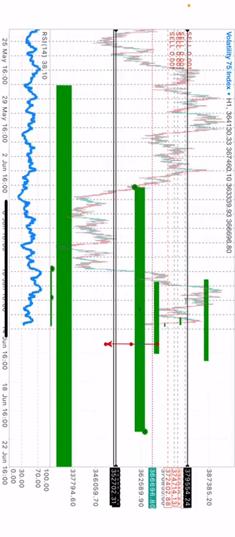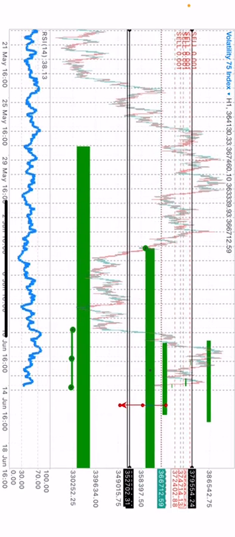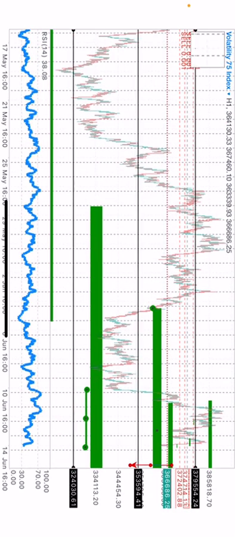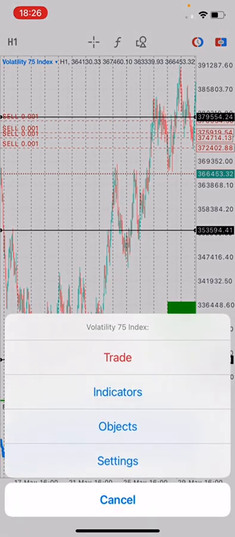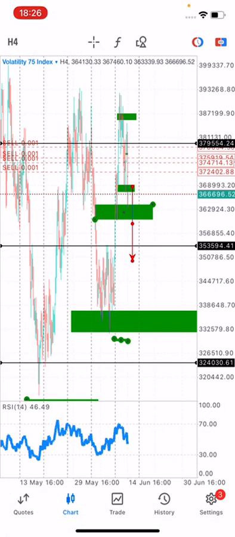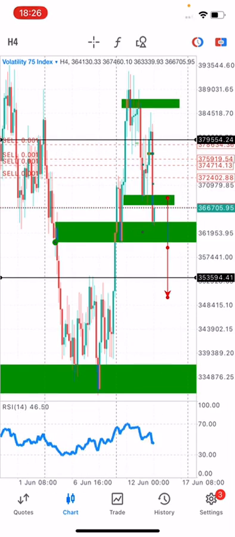So once you have identified your level, you know the market will just move, correcting to your levels and then going back, continuing with its long-term trend. So let's move again to H4, the 4-hour time frame.